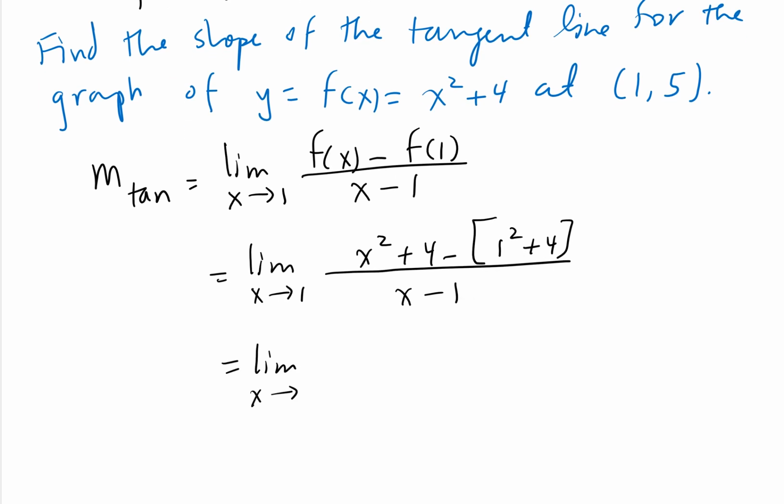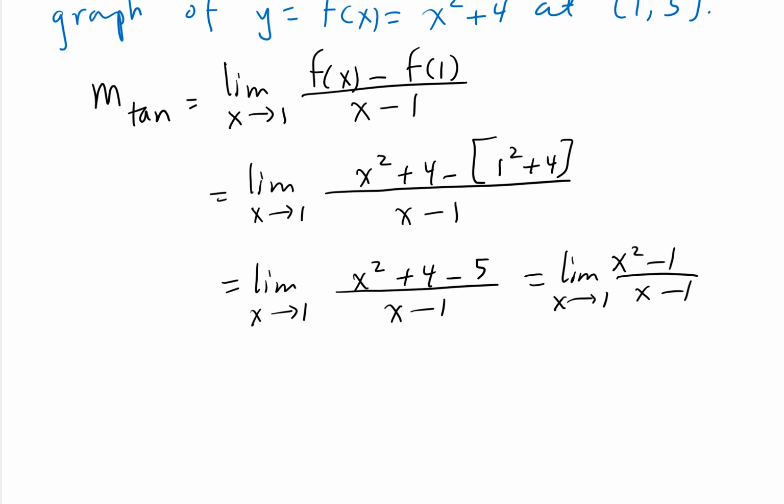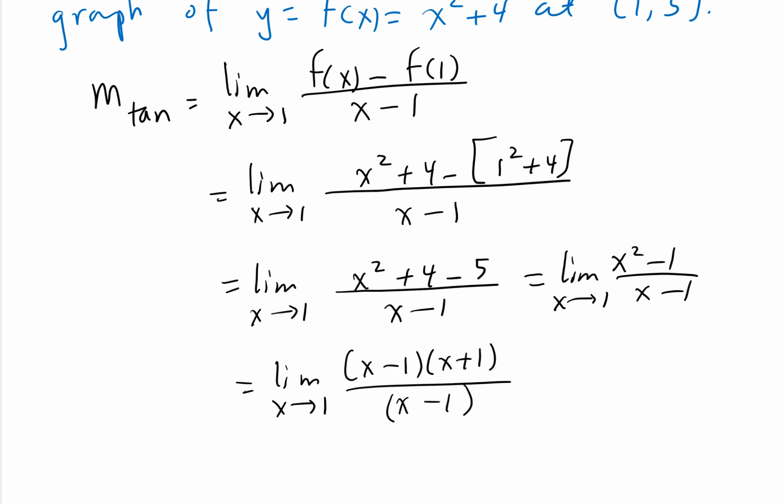Limit as x approaches 1, x squared plus 4 minus 5 over x minus 1. x squared minus 1 over x minus 1 equals the limit as x approaches 1 of x minus 1, x plus 1 over x minus 1. So this would be 2.